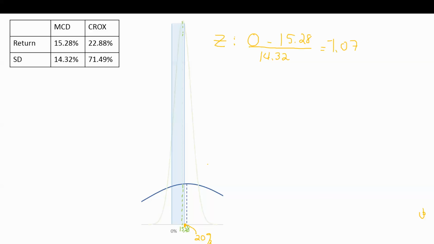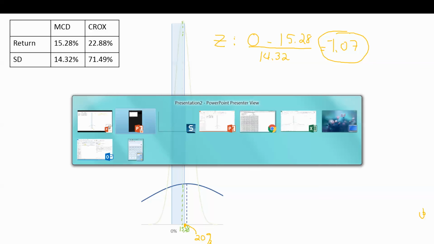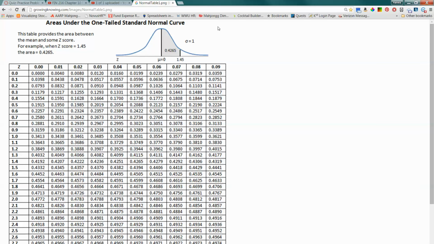So I'm now going to go to the Z table and look up 1.07, go down to 1.0 and across to 0.07, and I find 35.77%. I'm just double checking that because I do not want to use the wrong number. All right.